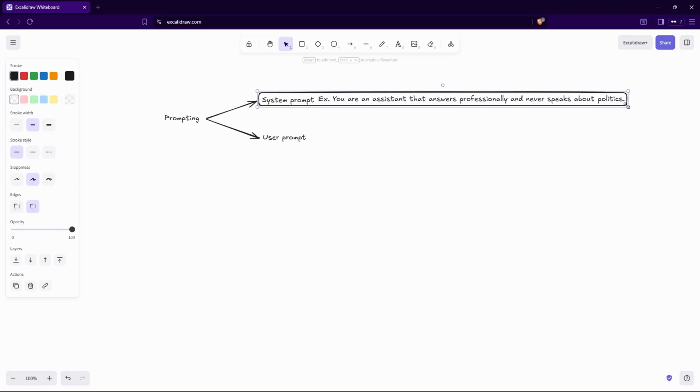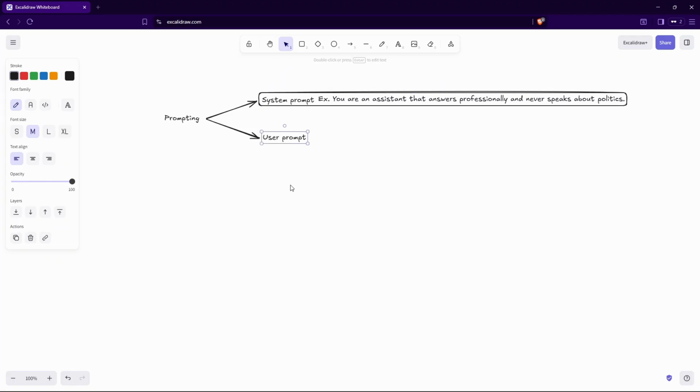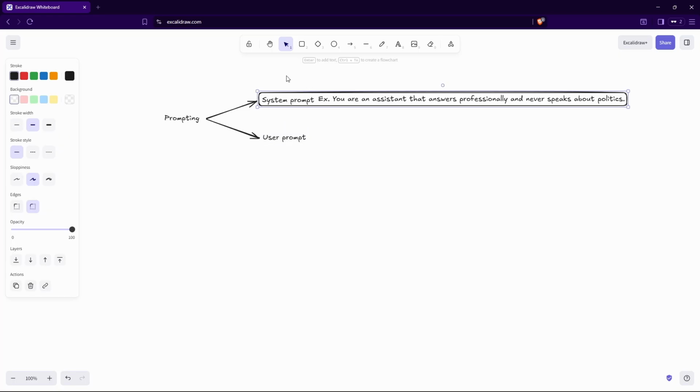This is always there. Your user prompt varies. You can ask for multiple things during your conversation, but this is permanent and long-lived across all the interactions that you have with the LLM. These are the rules of the game that you have with the LLM. Often this is called constitution or context, but just to be aware of that.